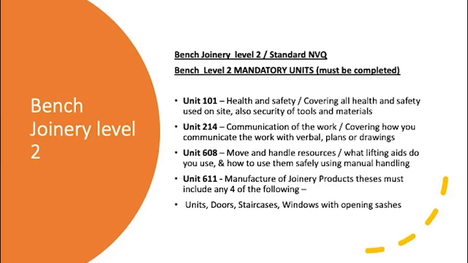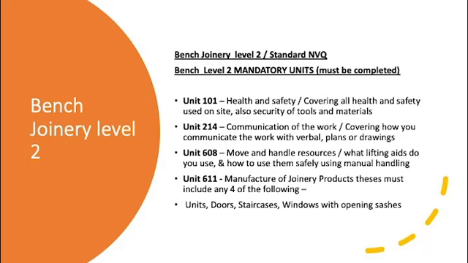Moving on to slide 5, this is the bench joinery at level 2. It's a similar set to the mandatory units completed for site, and with bench the units are the same. So Unit 101 is health and safety, covering all health and safety used on site, including security tools. Unit 214, communication of the work, covering plans, how to communicate work verbally or drawings.